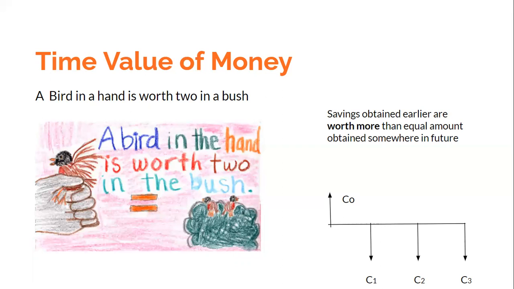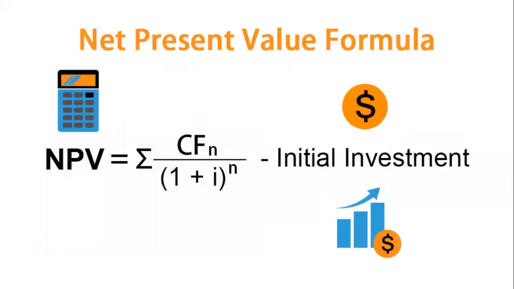So C1 is the cash flow in the future, C2 is the cash flow in the future, and C3 is the cash flow in the future. Its value is not C1 plus C2 plus C3. Its value is C1 upon 1 plus R raised to 1, plus C2 upon 1 plus R raised to 2, plus C3 upon 1 plus R raised to 3.